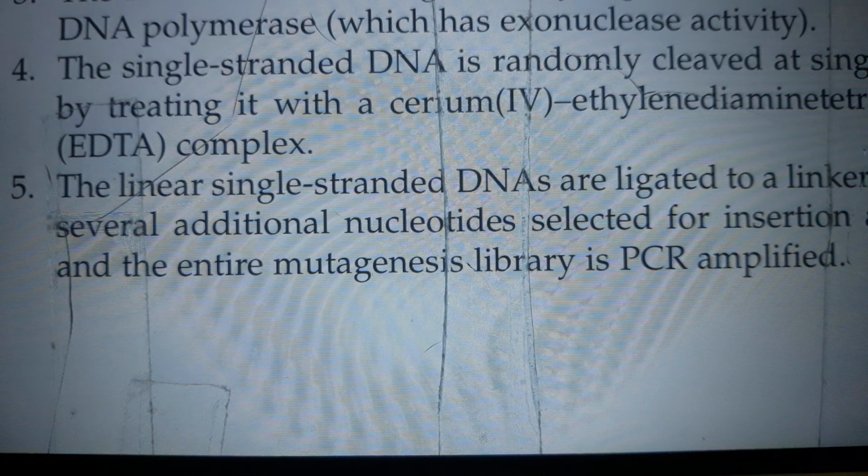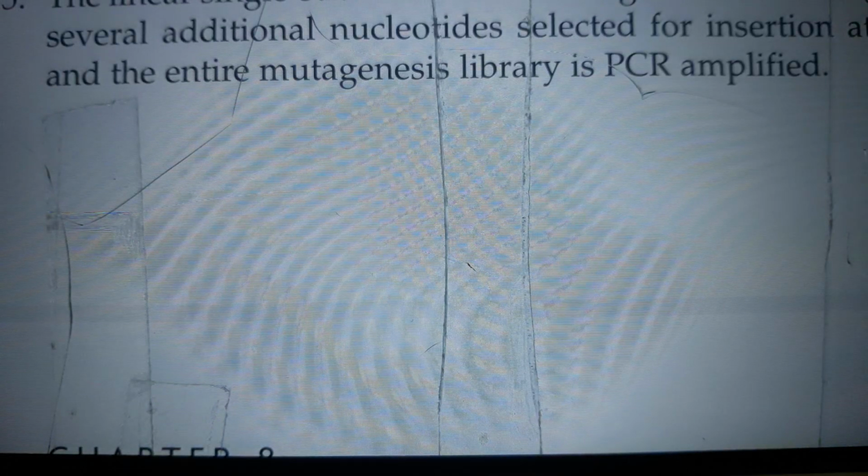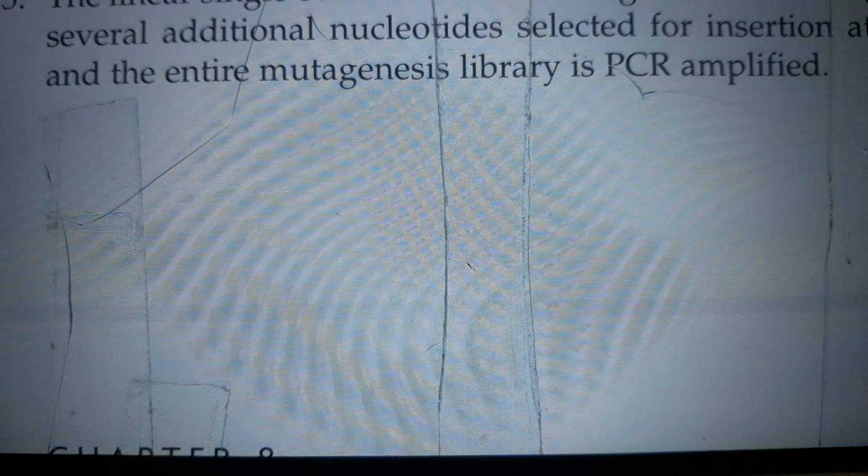The single-stranded DNA is randomly cleaved at single positions by treating it with a cerium(IV) ethylenediaminetetraacetic acid (EDTA) complex. The linear single-stranded DNAs are ligated to a linker containing several additional nucleotides, selected for insertion at one end, and the mutagenesis library is amplified.